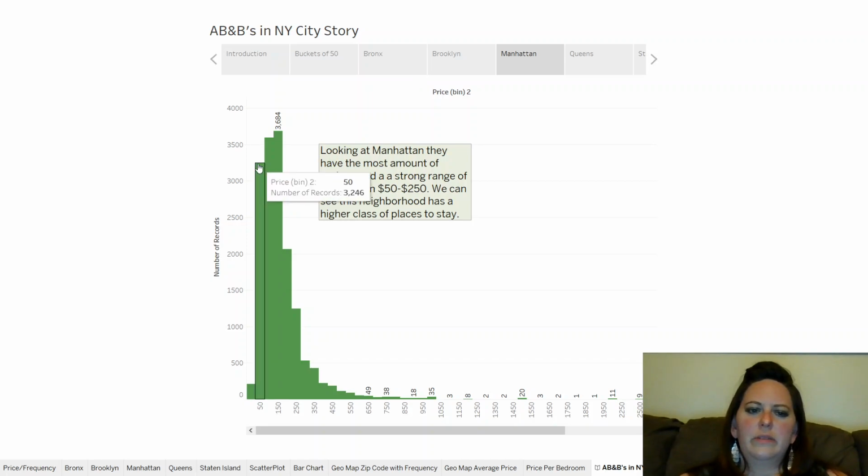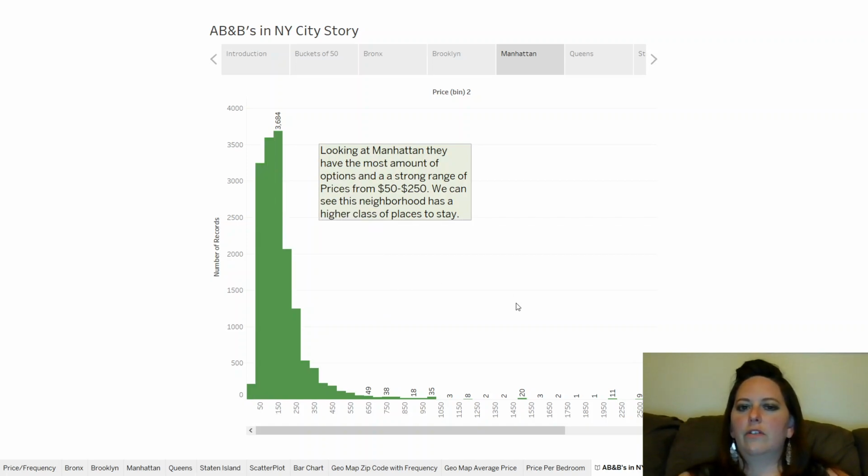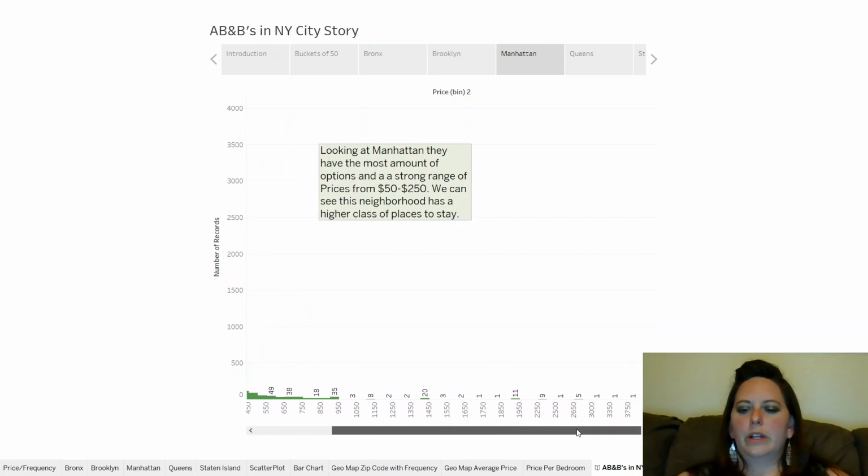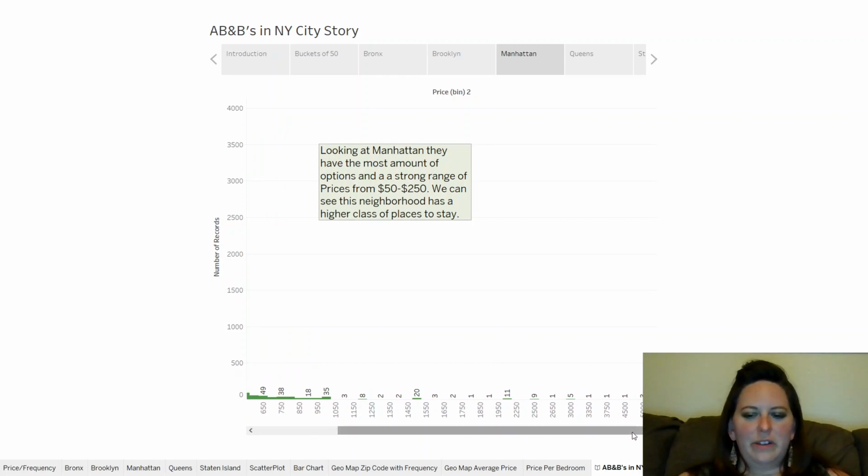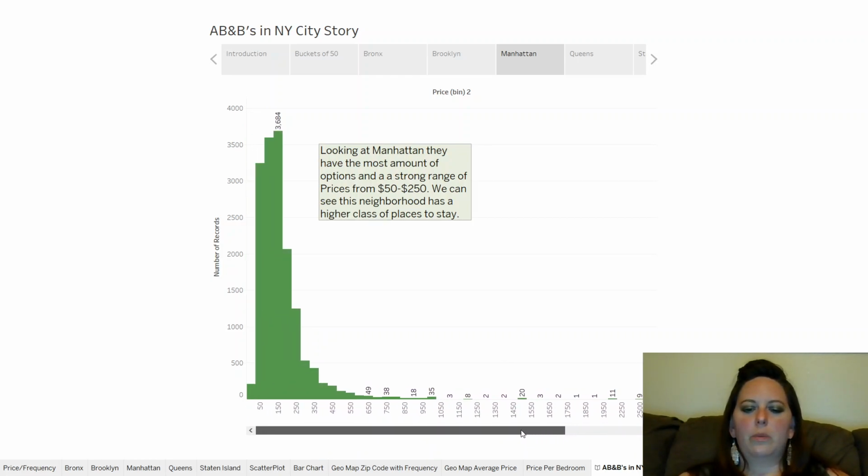There's still, let's see, 3,246 places to choose from in Manhattan versus Brooklyn. The most expensive here would be $5,000 for one Airbnb, and they have three. So they have a lot more variety in the higher priced Airbnbs in Manhattan versus Brooklyn.